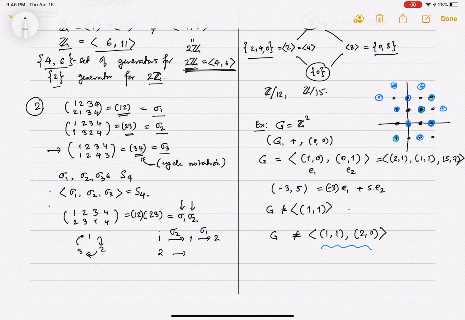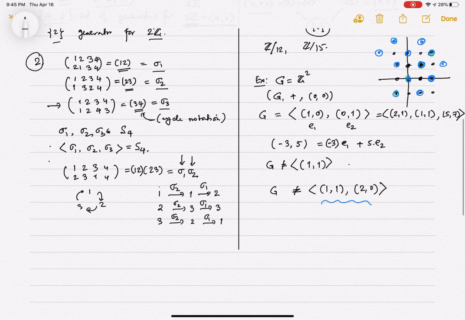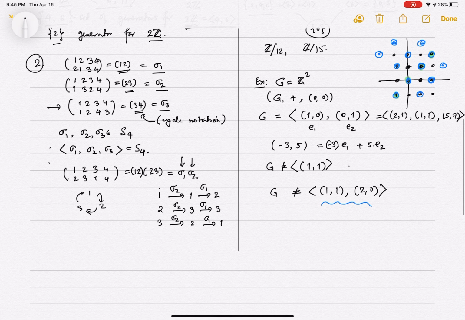And then take 2, goes to 3, stays at 3. And then 3, apply sigma 2, goes to 2, and then apply sigma 1. That's flipping 1 and 2, so goes to 1. So indeed, 1 goes to 2, 2 goes to 3, 3 goes to 1. Similarly, you can write everything, you can check.